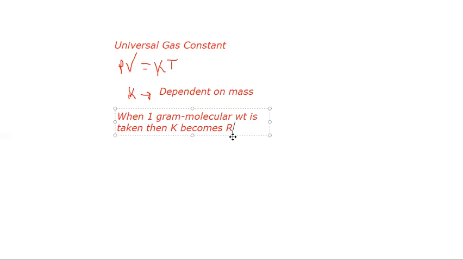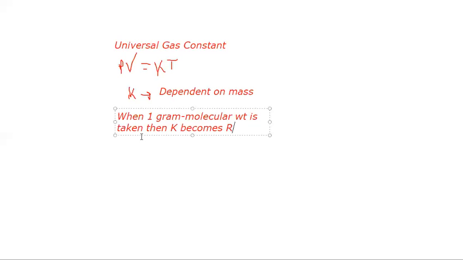So the value of R remains the same for all gases. So it is known as the universal gas constant, as its value remains constant for all ideal gases.